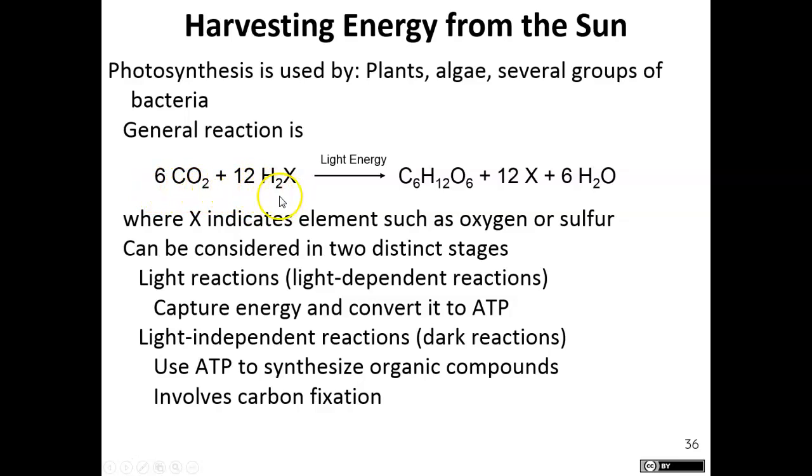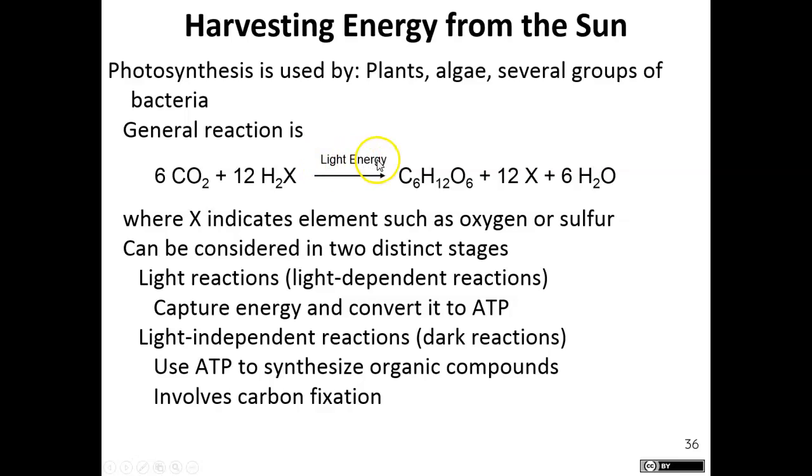We're going to use some type of molecule, this is going to be called a reducing agent. It's going to get oxidized. The one that we typically think of is water, H2O, but in an anaerobic organism, it could be H2S, okay? So that X just means some other molecule.